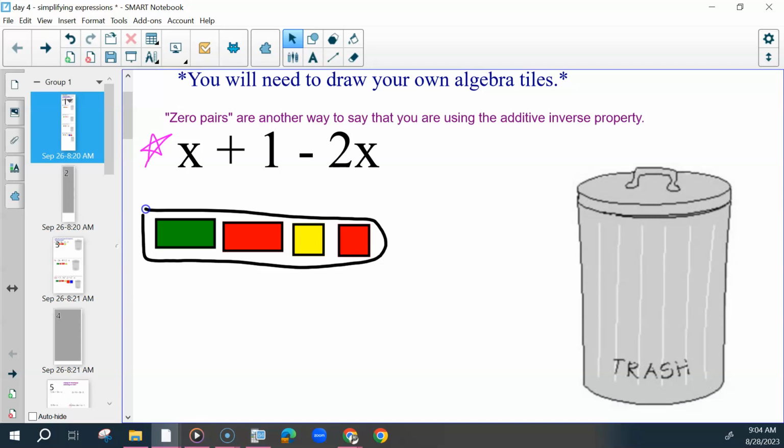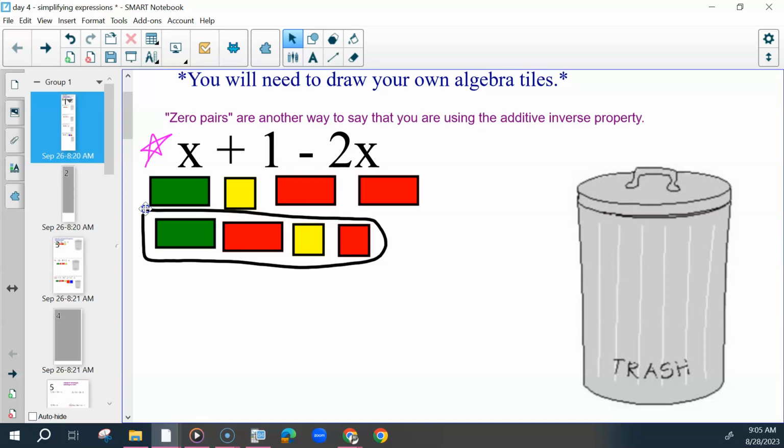The green positive x. So get that out. And then positive 1, how would we model that? 1 positive in yellow or beige. And then 2 negative x's, how would we model that? 2 negative x's, the rectangles.